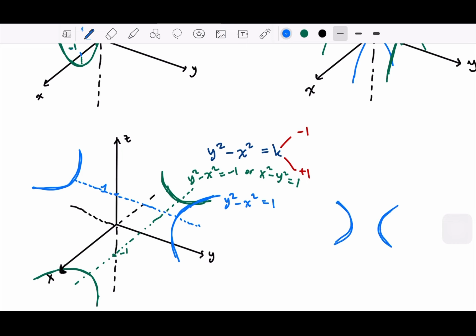If we are looking from the xy plane, this is how it looks. So we have the top-down and left-right hyperbola.